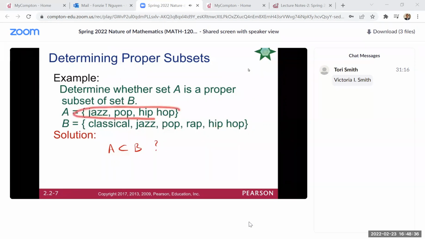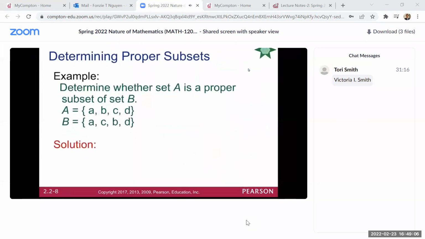So do you guys agree that A is a proper subset of B? Because they're all in there. All of these are in set B. But the other way around, that would be a no, because classical is not in A. Yeah, classical. Okay, so that's that.